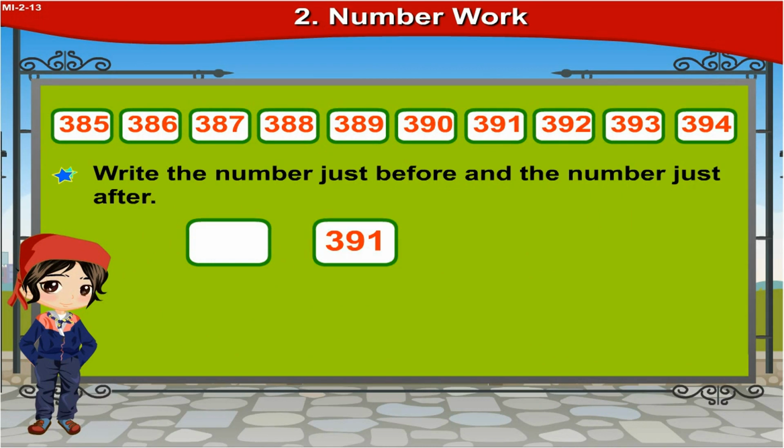Box 391 box. The number before 391 is 390. So we'll write 390 over here. Now the number after 391 is 392. So we'll write 392.